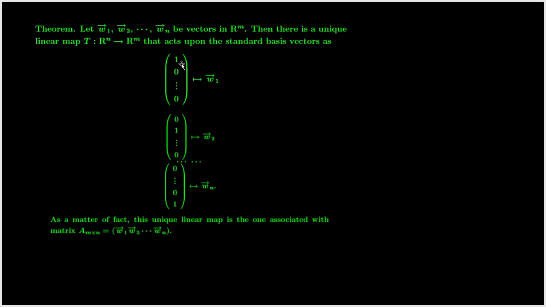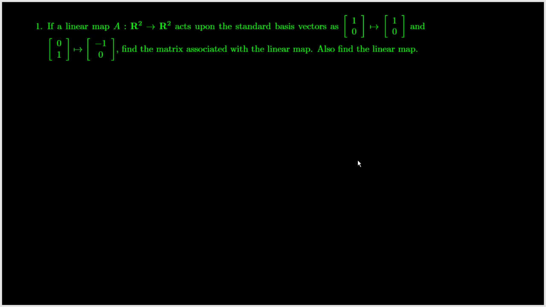I want to repeat: the meaning of the statement is that as long as you know the outputs of standard basis vectors, then you can determine the linear map. We're going to see how, and then we go back to the general conclusion. So how about we work on question 1?